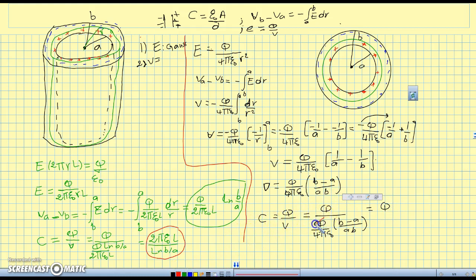I don't have to deal with the Q again, so there is no Q. So the answer will be 4 pi epsilon 0, and then AB upstairs, and I'm left downstairs B minus A. So let's put it here. C, the capacitance of these concentric spheres, is 4 pi epsilon 0 AB over B minus A.